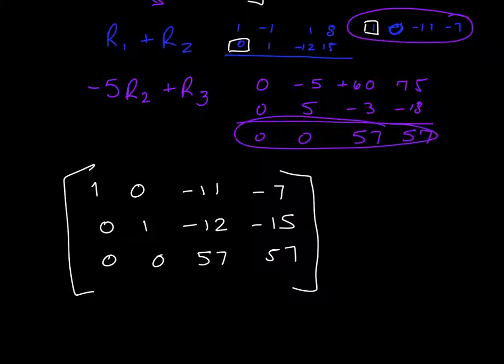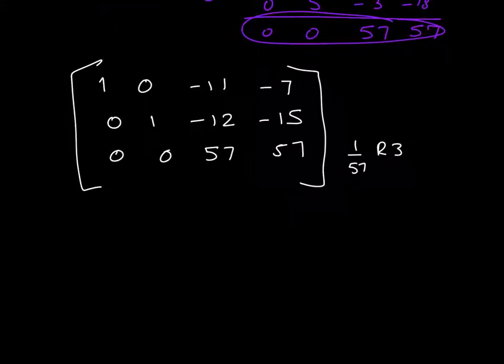All right, so this brings up a technique that we haven't used before. I'm going to take 1 over 57 and multiply that times row 3, and that allows me to make that a little bit smaller.